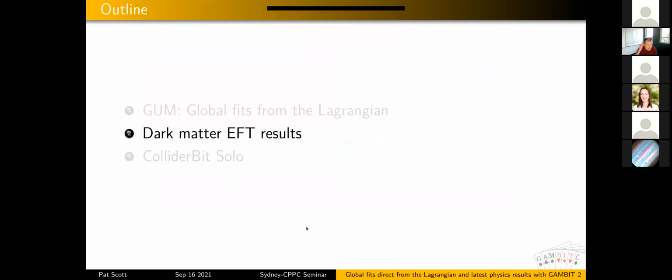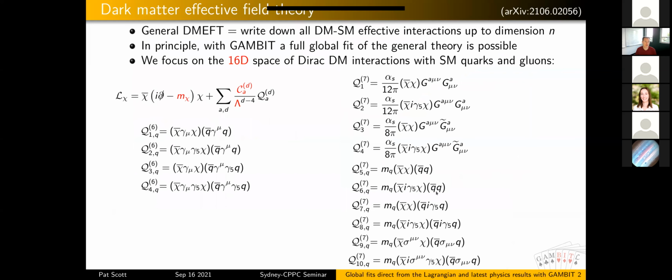Okay, the next thing I was going to talk about was recent results for dark matter effective field theory. We did a global fit of a particular dark matter effective field theory. The general dark matter EFT has a very high dimensional parameter space.